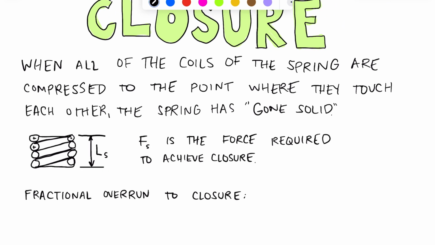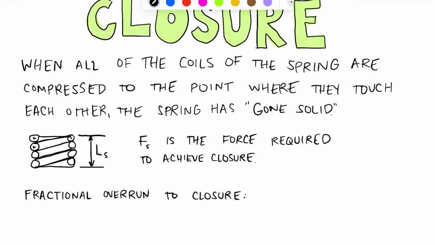When a spring does go solid, it starts to behave like a solid cylinder, close to. Before then, it's behaving as a spring, and the deformation of the individual helix sections of the spring is what allows that spring to deform and absorb energy.